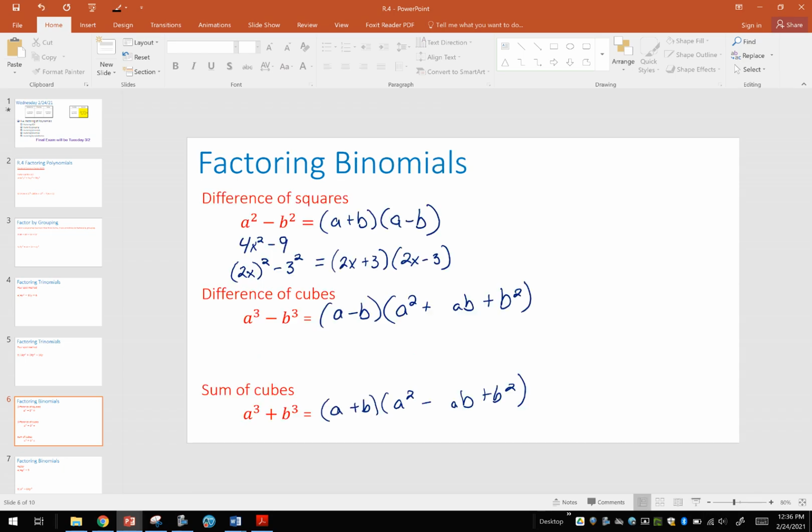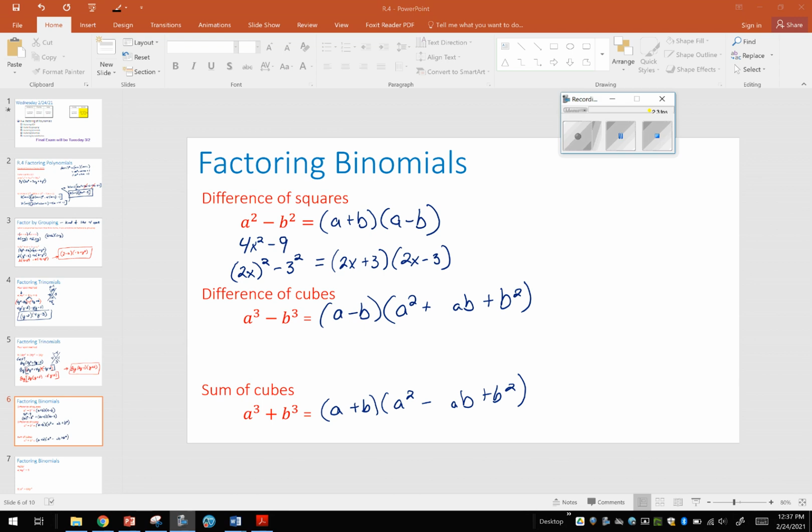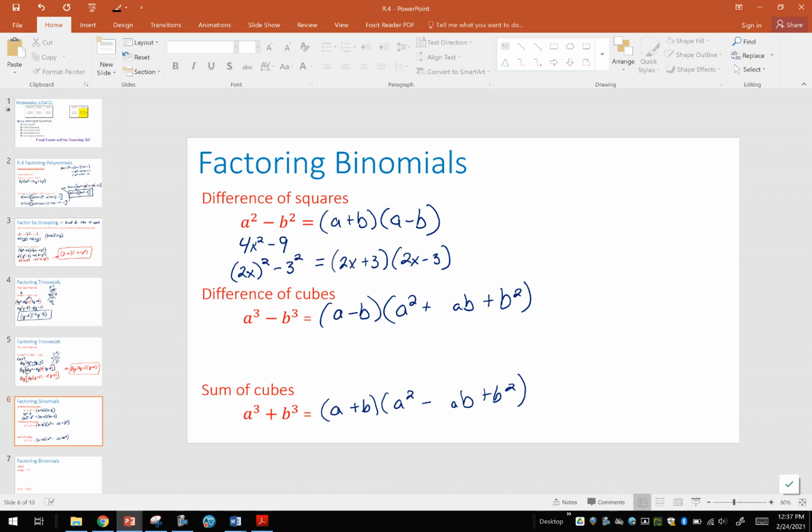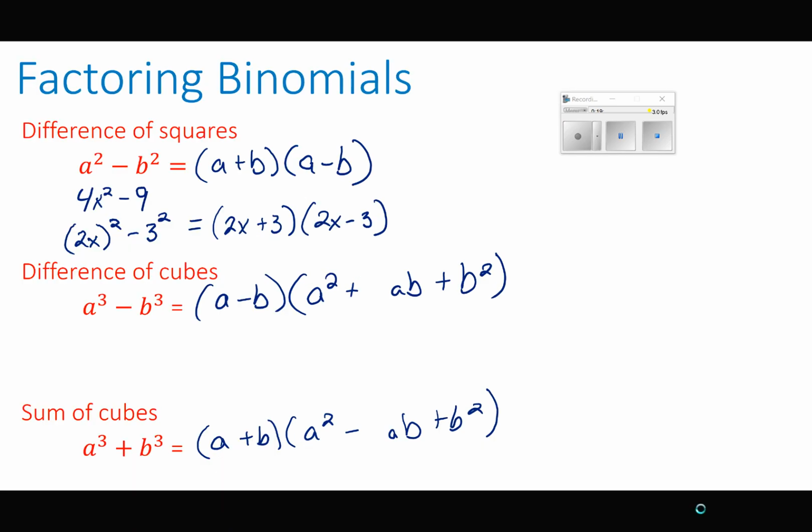I feel like that's not right. All right, so again, it was just ab, not 2ab. I had to check myself on that. A squared plus ab plus b squared.